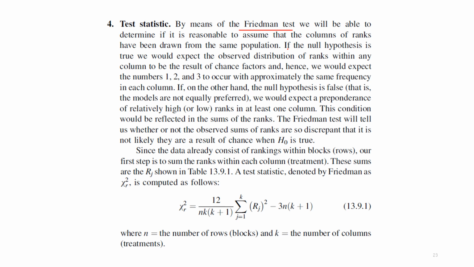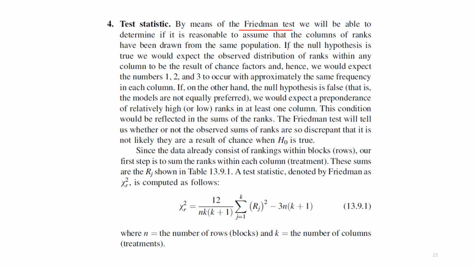If the rank sums are the same in the 3 groups, then obviously we accept the null hypothesis. But if the ranking is skewed toward some specific models, then this must not be the same as the other models.